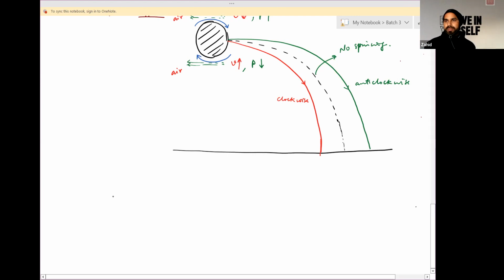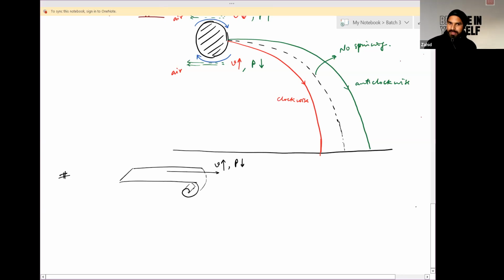This is based on Bernoulli's principle. Let me explain its mechanism. Suppose you have a paper which is folded inward like this. If you blow air over it along this direction, velocity increases and pressure decreases.